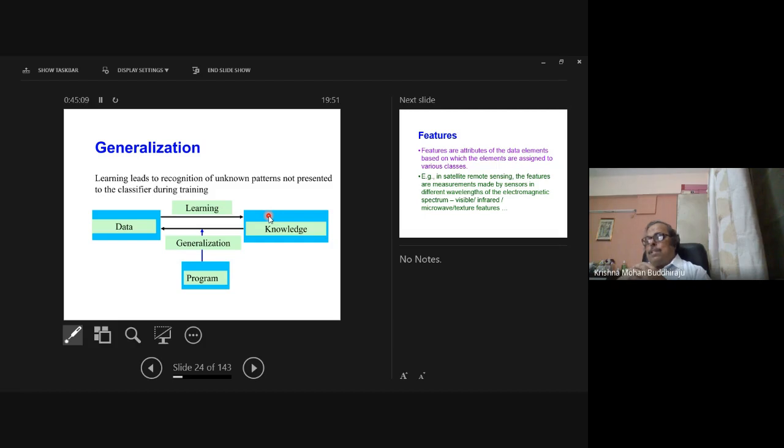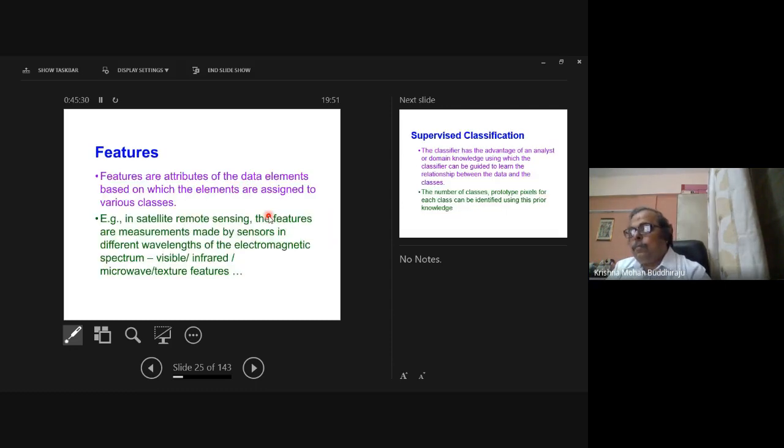Sometimes a classifier learns well but does not generalize well. This can happen if the classifier is given an insufficient number of labeled samples. As I said, we have training samples, that is sample data elements with their corresponding labels.